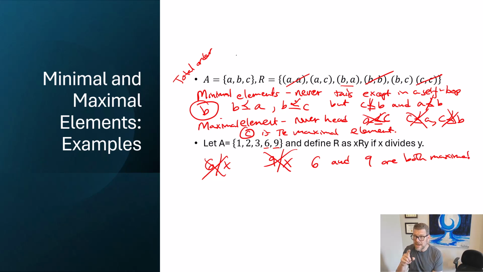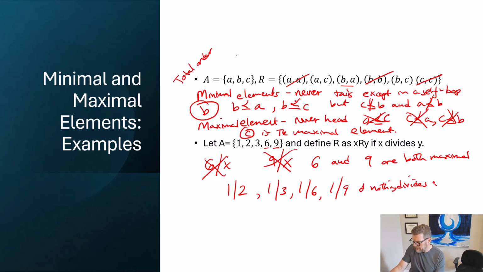On the other hand, 1 divides every single element inside of the set. So 1 divides 2, 1 divides 3, 1 divides 6, 1 divides 9, and nothing divides 1. It's very important. Nothing divides 1. That's actually the most important aspect.